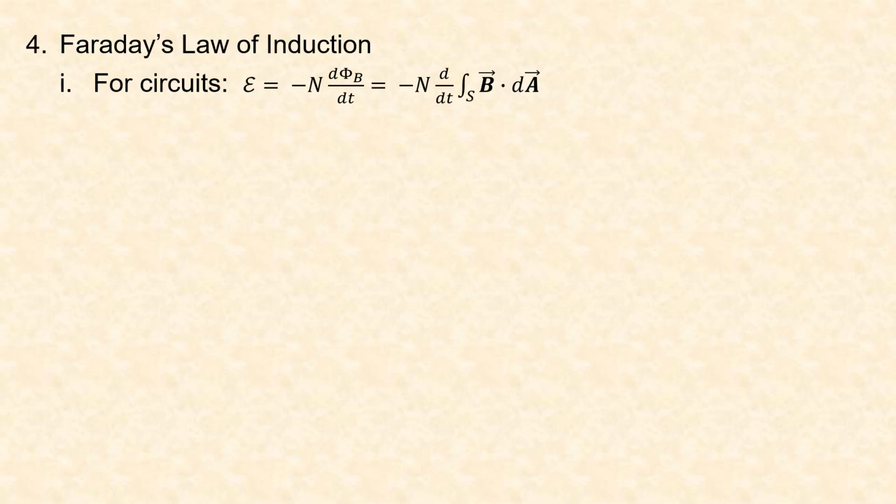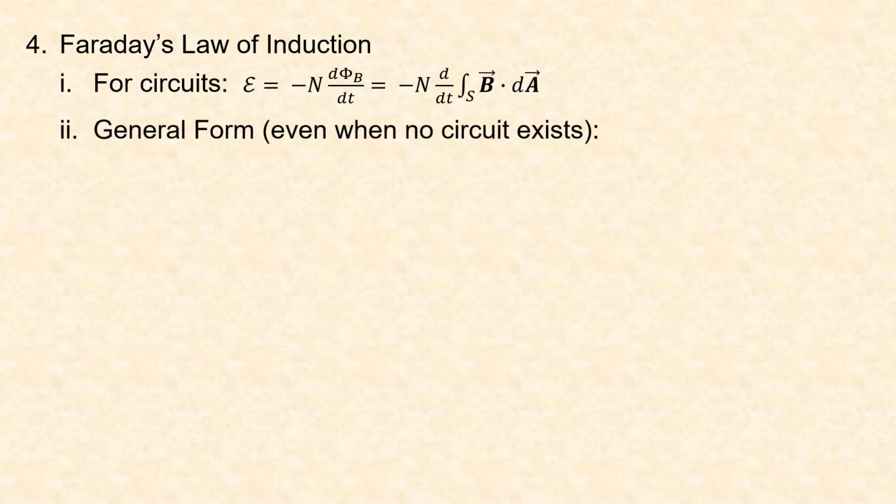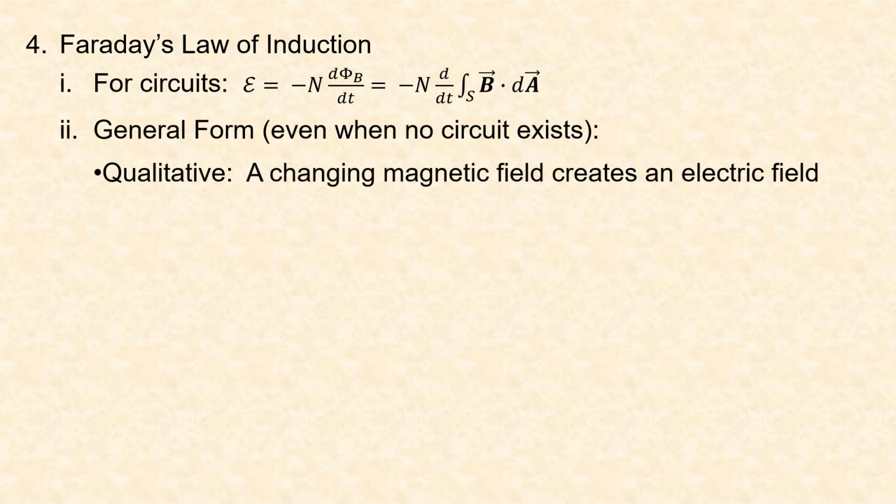But we're now saying that even when no circuit exists in a region of space where the magnetic field changes in time, an electric field still gets created or induced. And that electric field forms a closed continuous path about the region of changing magnetic field.